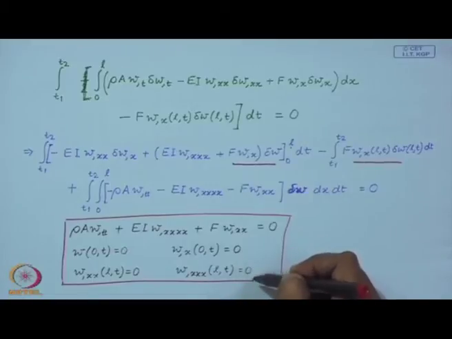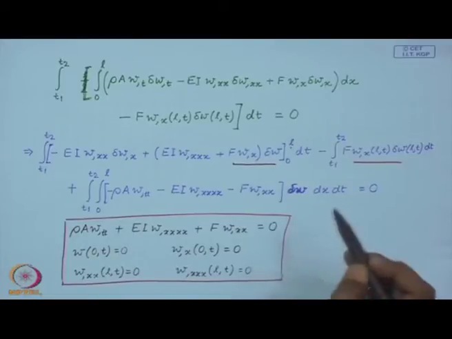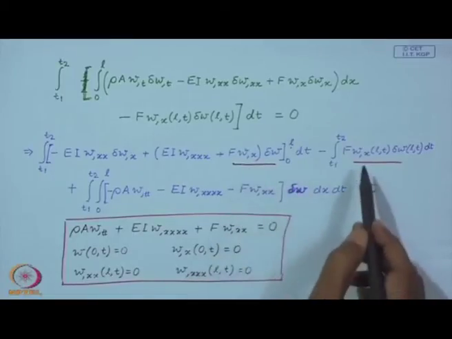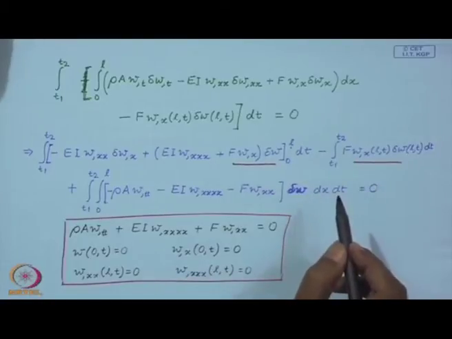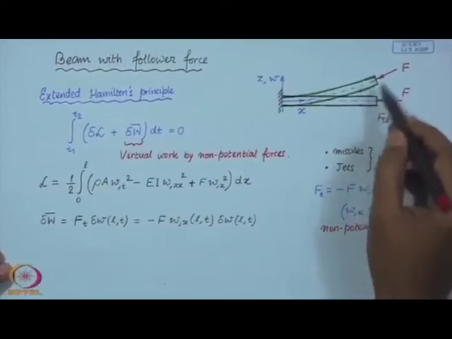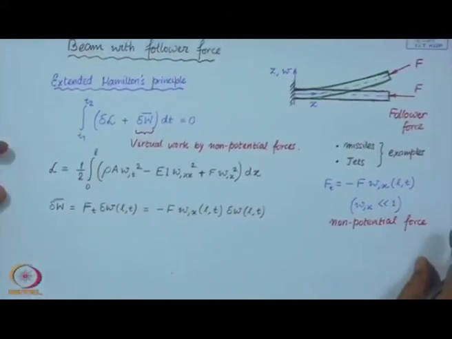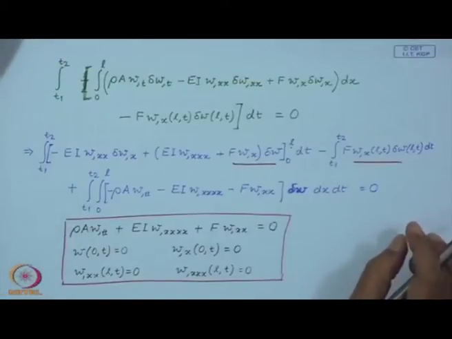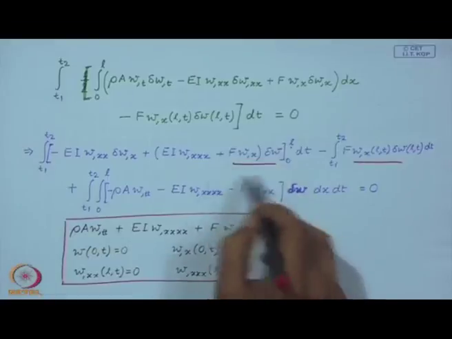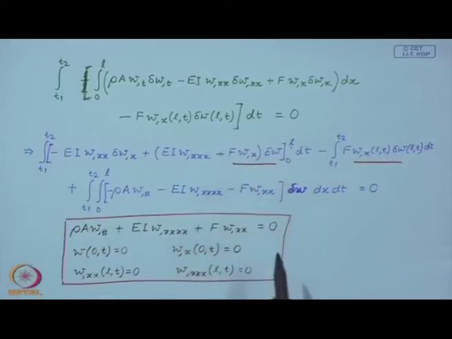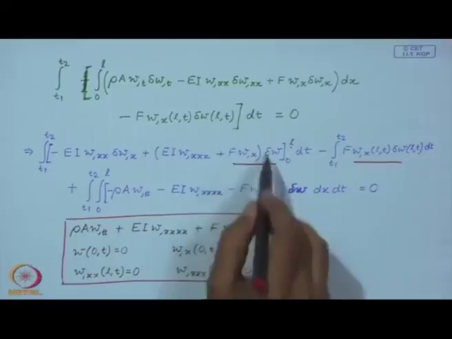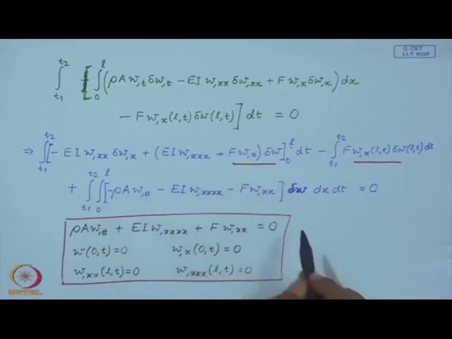The other thing is that the boundary conditions are all homogeneous. Now, that is very surprising because there was a transverse force at this free end of the cantilever, which is this, but then this term cancels the boundary contribution from this dynamics.